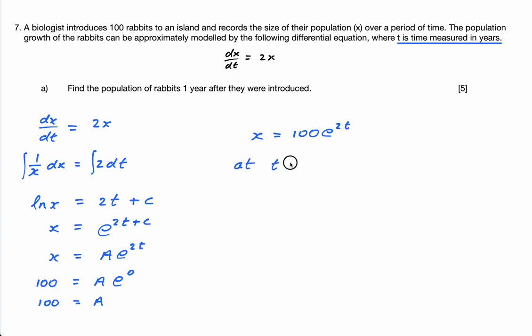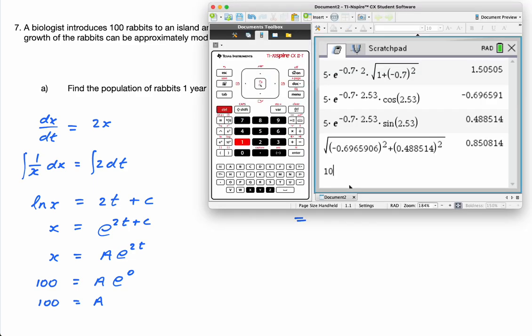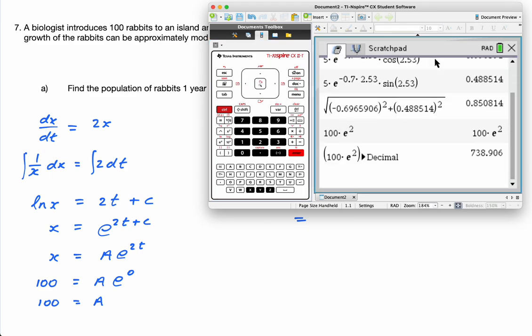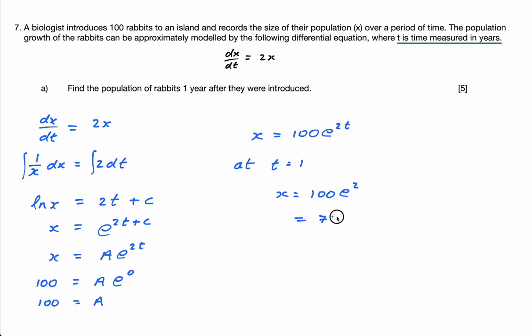So at t equals 1, x equals 100 e squared, which equals 100 times e squared, 738.906, which is approximately 739 rabbits.